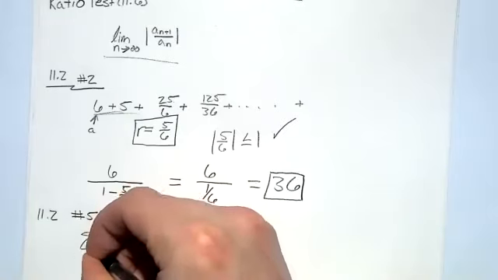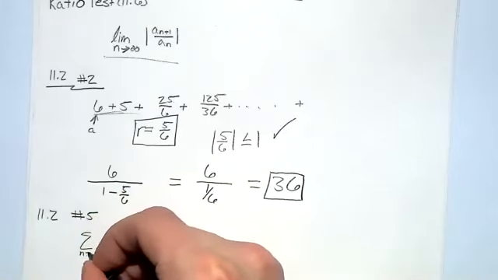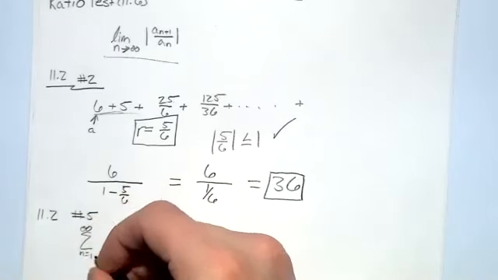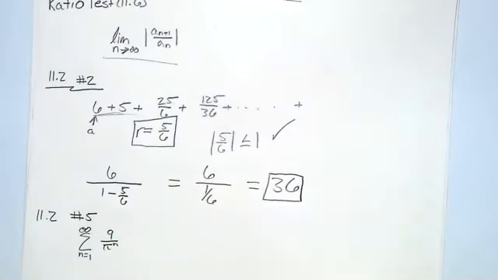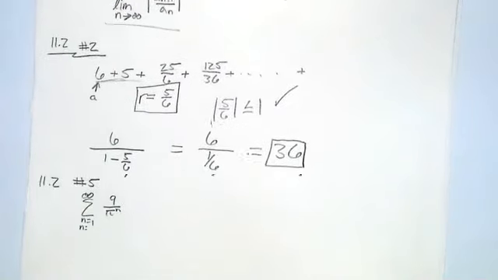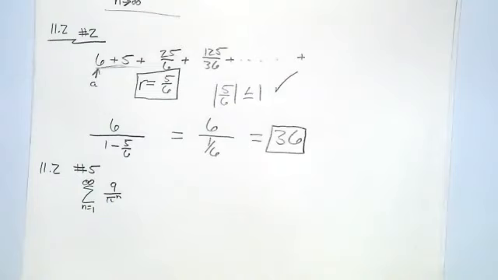And we're given now just our general form, the summation from n equals 1 to infinity of 9 over pi to the n. Okay. Taking a look at this right away, we're not really in a form where we can evaluate this or find a ratio yet, because we don't have the whole thing to the nth power.